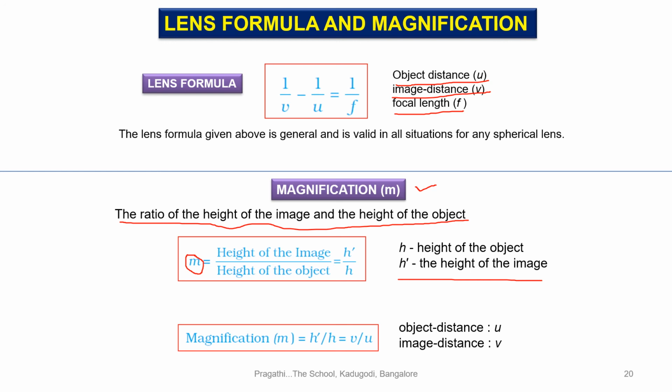So magnification m is equal to h dash by h, that is equal to v by u. u is object distance, and v is image distance. So all the three formulas, 1, 2 and 3, are very very important for doing the numericals.